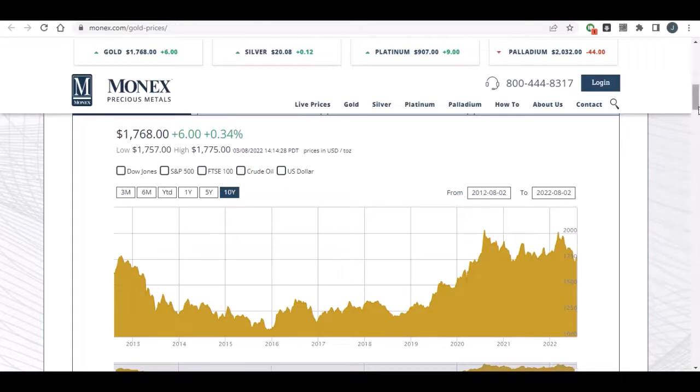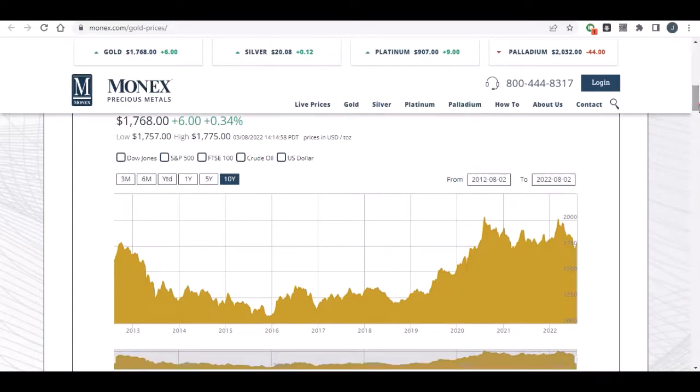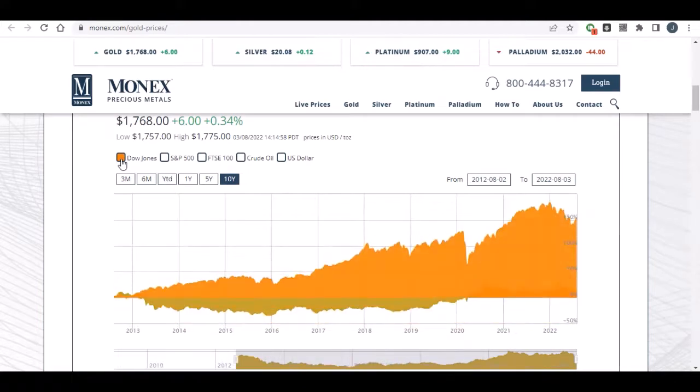Now, what I like about this site is that it allows us to compare. Okay, as you can see, there's various other things along here. So you can compare against the Dow Jones Industrial Average. Let's have a look at that. So gold is the one at the bottom here.